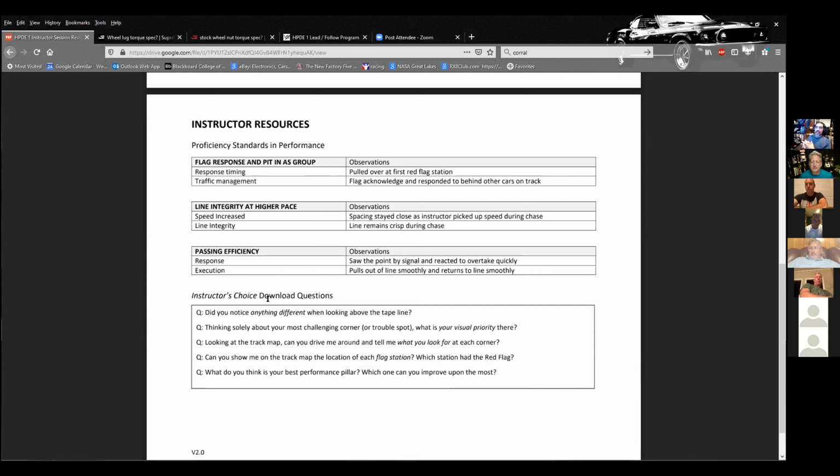The objective is not to keep up with you. We know they can't keep up with you. The objective is for you to pull them along and challenge them, to see if they can hustle but keep a really clean line. If you feel like, man, he did pretty good, I was challenging him a little, and he kept that nice clean line, give him a point by, and let him enjoy the rest of the session as a solo driver for the next 10 minutes.